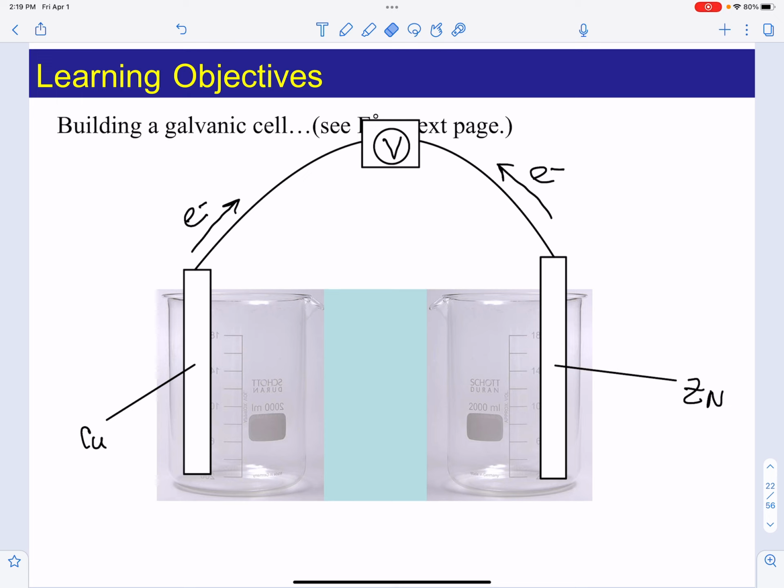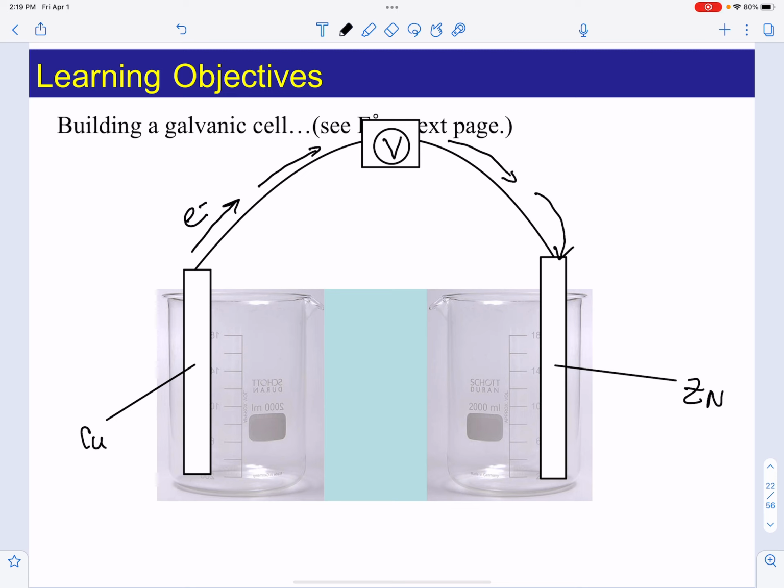We're going to assume for right now, this is probably not true. Remember, I'm making this up as I go. We're going to assume that the copper is going to win. Therefore, the copper is going to push the electrons all the way through toward the zinc.